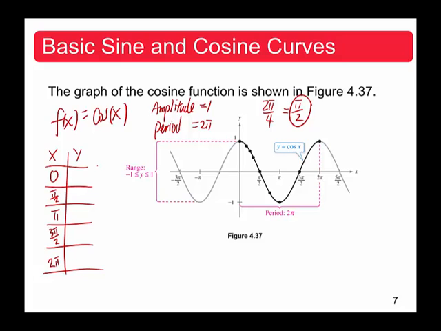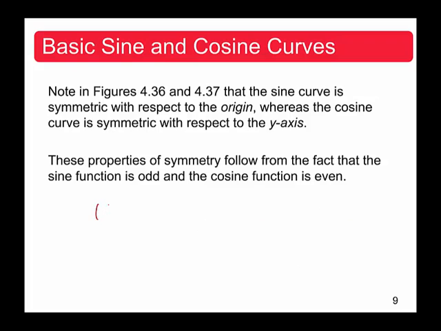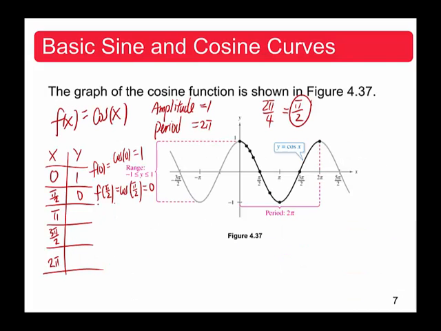So let's see what is f of 0, meaning cosine 0 turned out to be 1. And then f of pi over 2, cosine pi over 2, which is cosine 90 degrees, equal to 0. And then f of pi, cosine pi, it's -1.